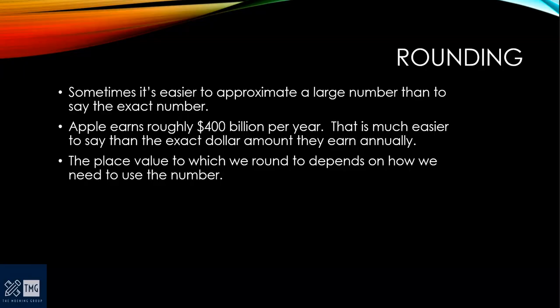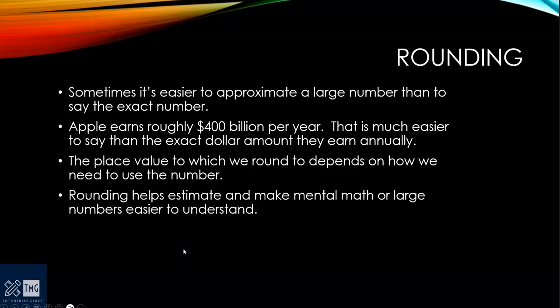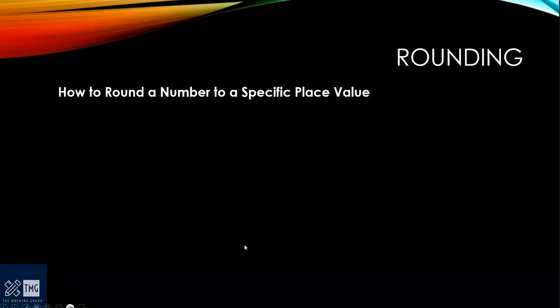It just depends on the item and what you're using that value for. Rounding will help us estimate, and it really makes the mental math easier to calculate and understand. That's the whole purpose. Now, rounding has some rules that are common and known, and we're going to review those because, just like anything in math, if you haven't used it, it's probably gone.